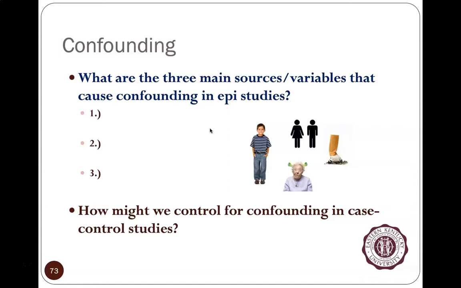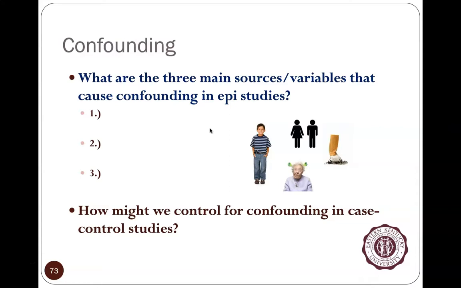Income or socioeconomic status, race or ethnicity. Those are a few of the major ones. Alcohol consumption, drug use, maybe underlying genetic factors, occupation. There's a lot of these that are out there.